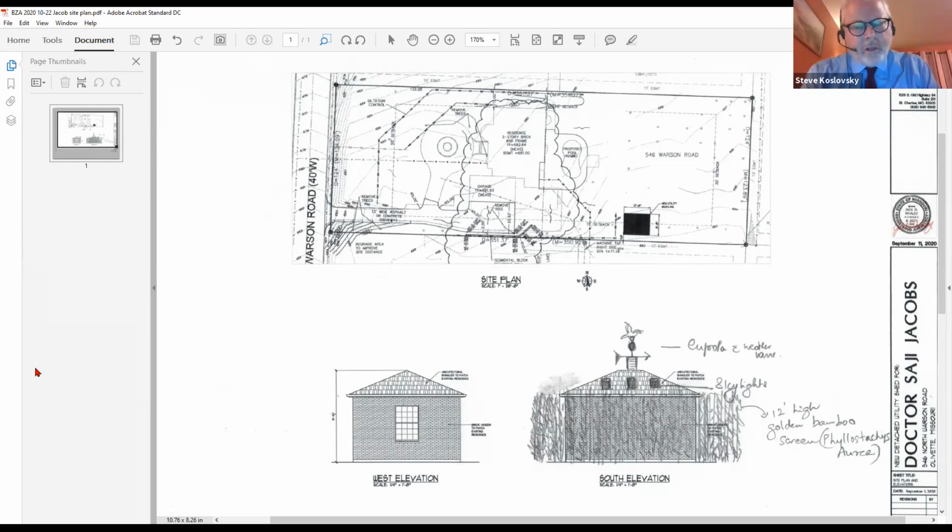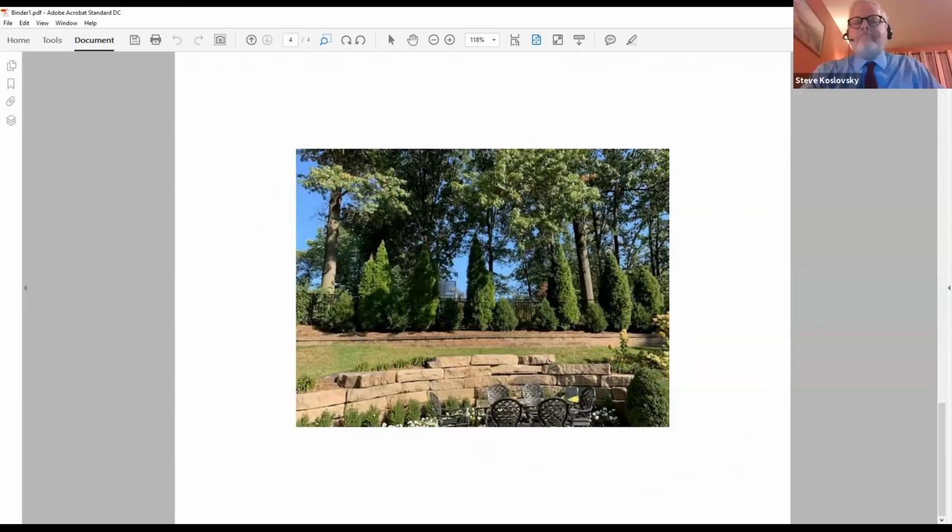You said the existing structure? Yes, the proposed new structure. On the subject parcel's property, we have about 5 feet between the property line.